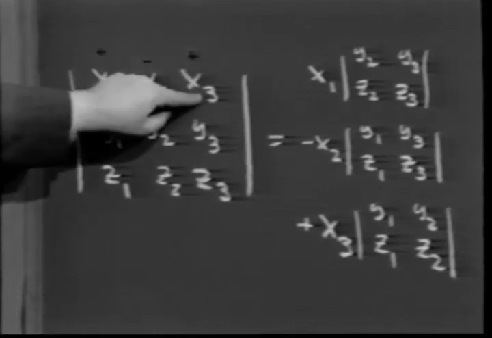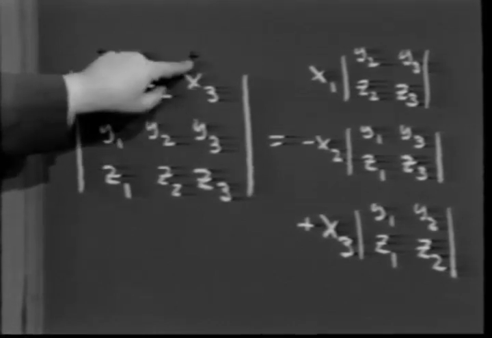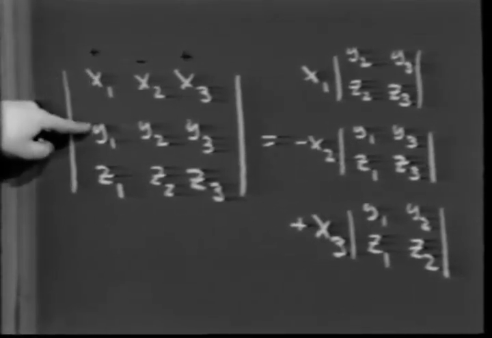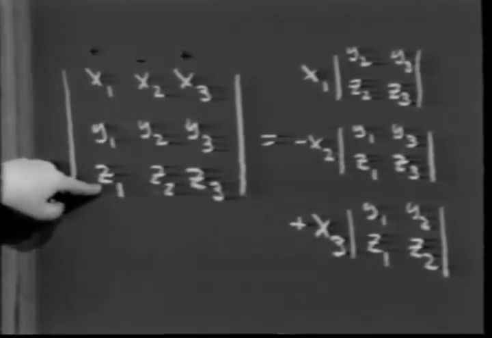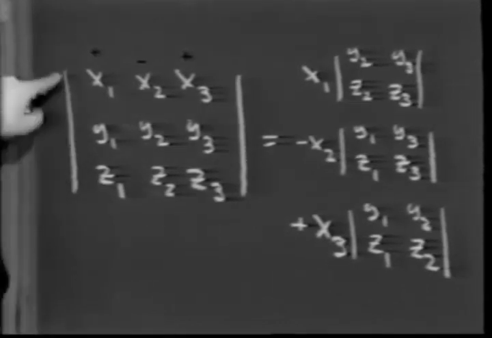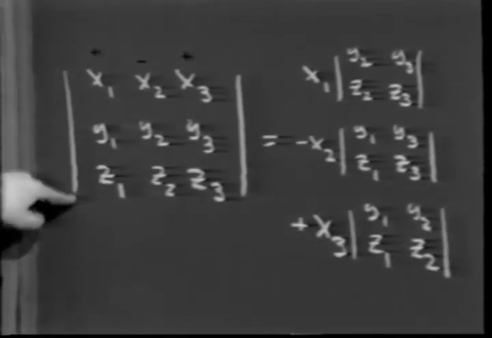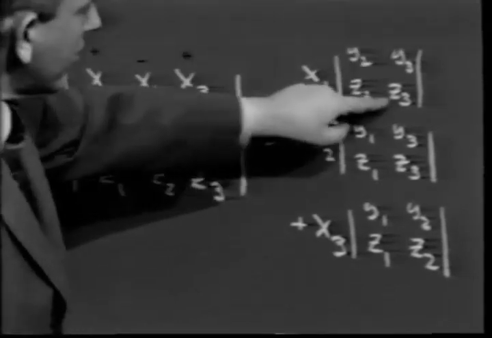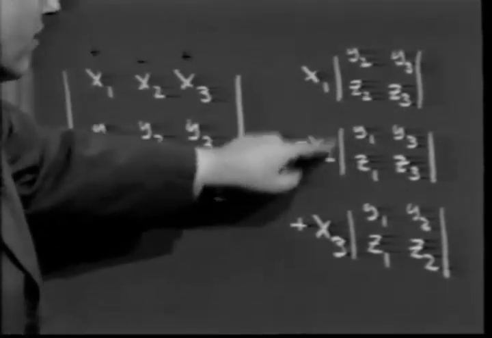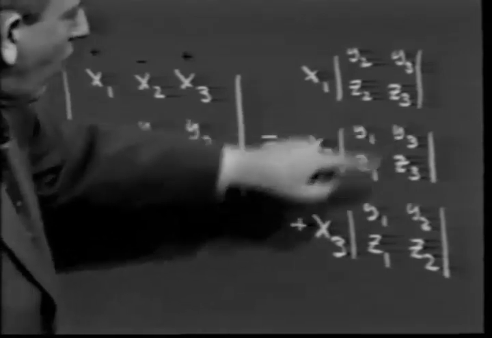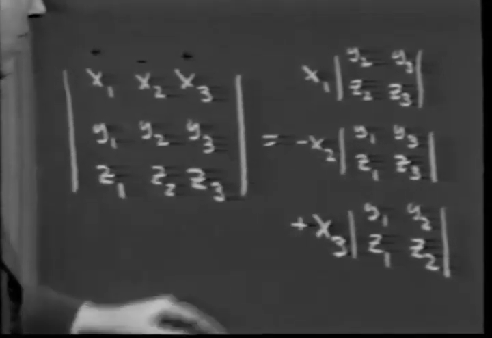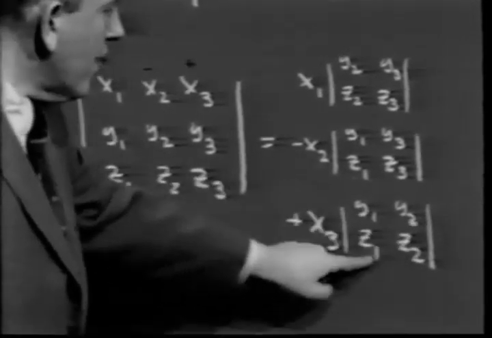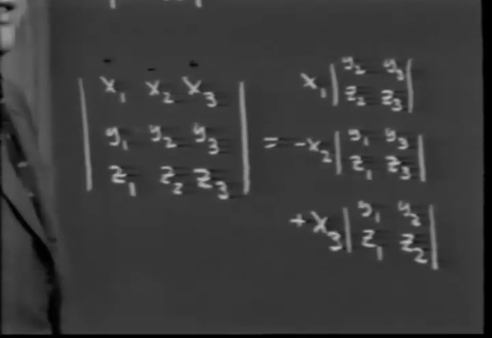Similarly, take out x3 with the sign that it appears with, strike out the row and column in which it appears, and multiply by the remaining 2-by-2 determinant. Summarized, to expand this 3-by-3 determinant, it's x1 times the determinant y2, y3, z2, z3, minus x2 times the determinant y1, y3, z1, z3, plus x3 times the determinant y1, y2, z1, z2.